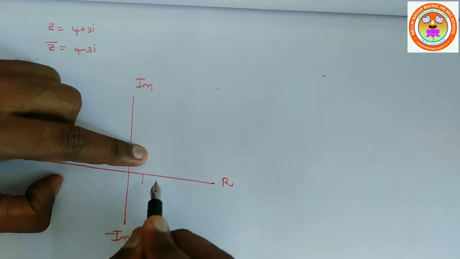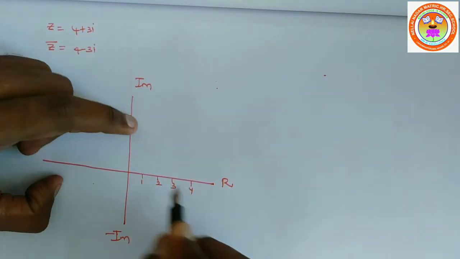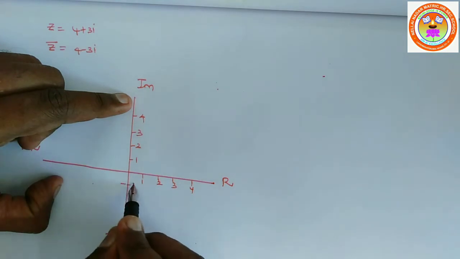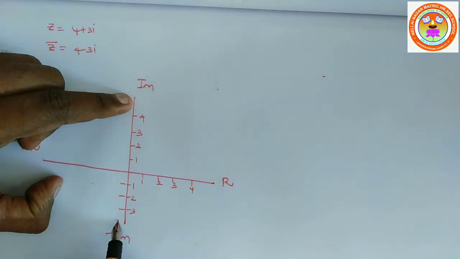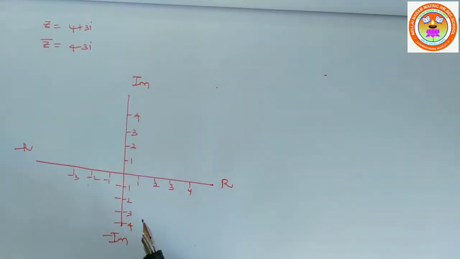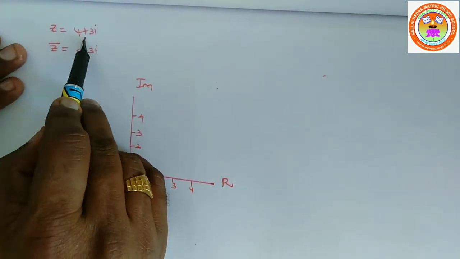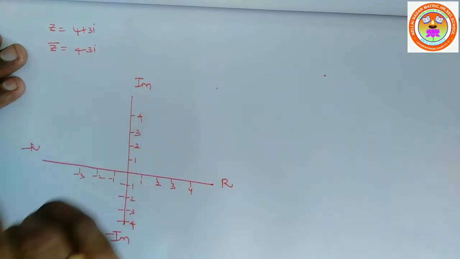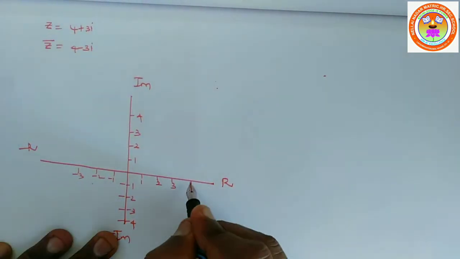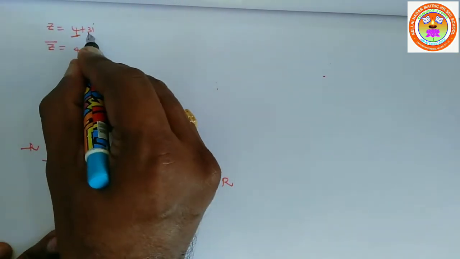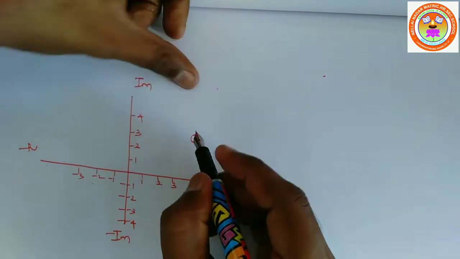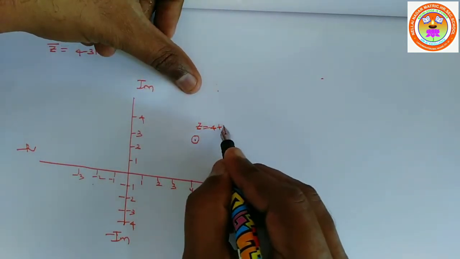So I can write 1, 2, 3, 4, minus 1, minus 2, minus 3, minus 4. So z is equal to 4 plus 3i, its conjugate z bar is equal to 4 minus 3i. First I am going to represent 4 plus 3i. 4 is real, 3 is imaginary. So this is z.